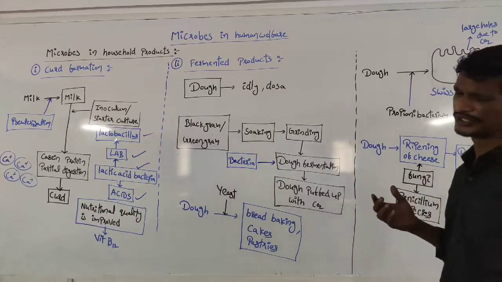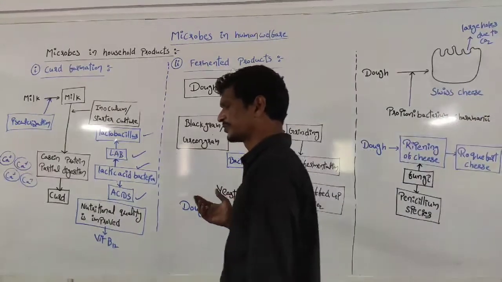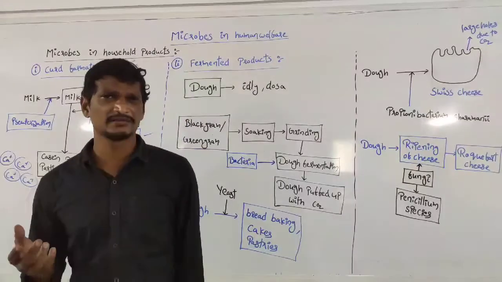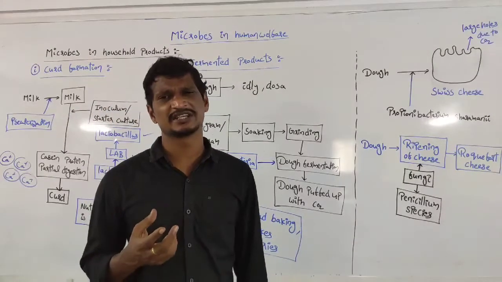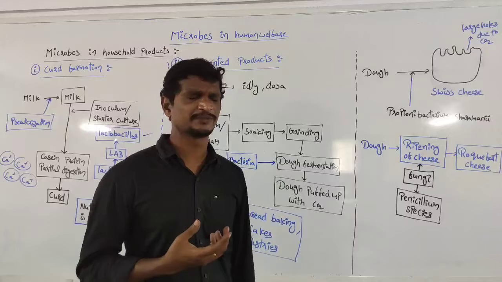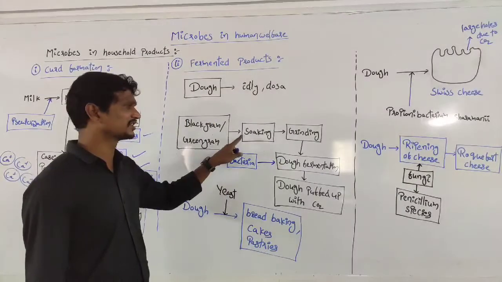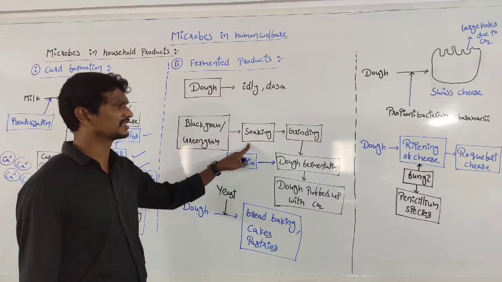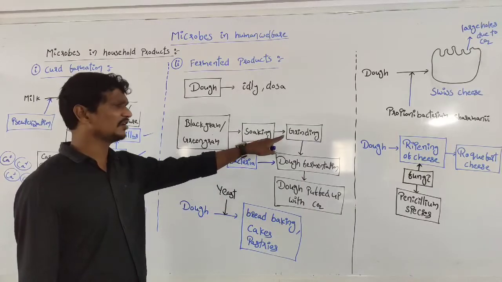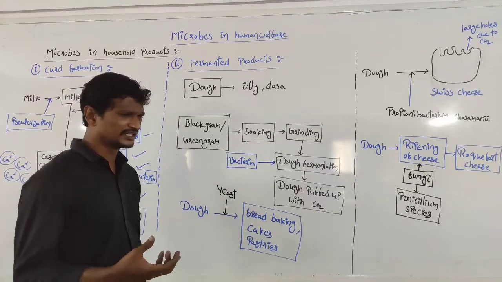See, there is dough. We know the dough preparation process. There are pulses like black gram or green gram, and in certain cases cereals also. The pulses, black gram and green gram, are subjected to soaking and then grinding, and we get the dough.